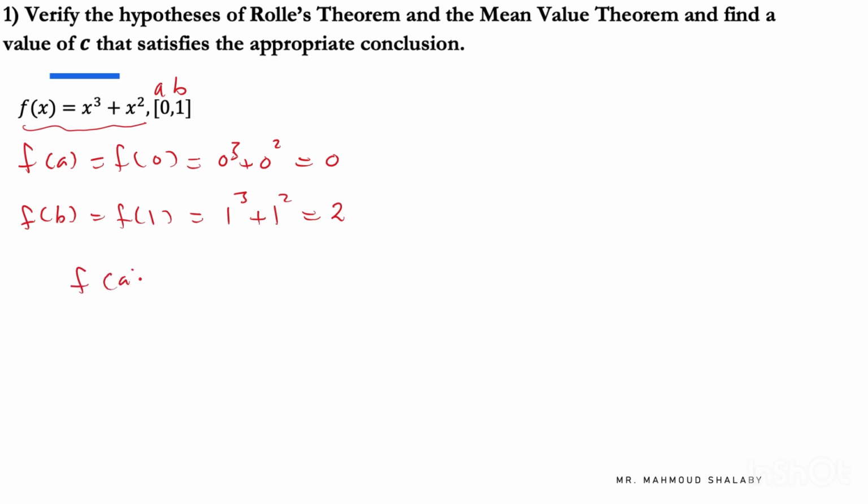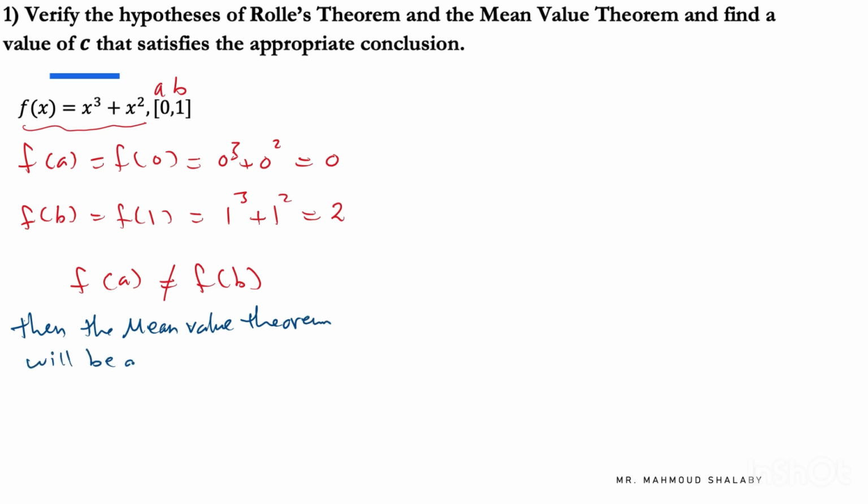Then I will write f of a equals f of b, and check: are they the same? No, they are not equal. In this case, which theorem will I use, Rolle's theorem or the mean value theorem? Of course, if they are not equal, I can say then the mean value theorem will be applied.